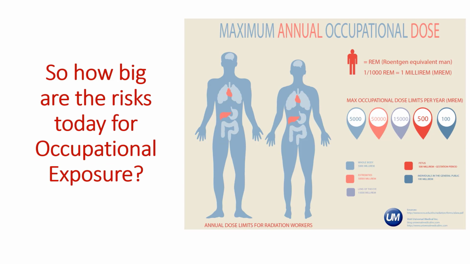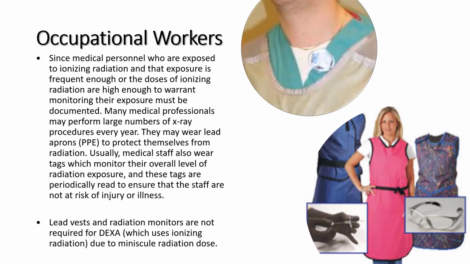So, how big are the risks today for occupational exposure for people working in medical imaging? The actual answer to that is not very high due to the radiation safety programs that we implement and utilize. Medical personnel who are exposed to ionizing radiation that is frequent enough or high enough in dose should be monitored.